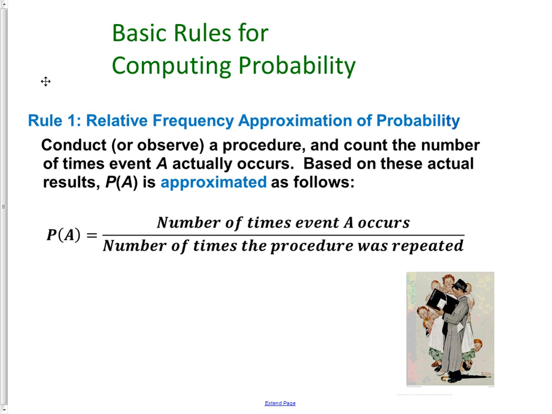If we conduct or observe a procedure and count the number of times event A actually occurs, we base the probability on these actual results: the number of times that event A occurs divided by the number of times the procedure was repeated. Survey takers, for example, end up getting relative frequencies based on a number of observed instances of something happening.